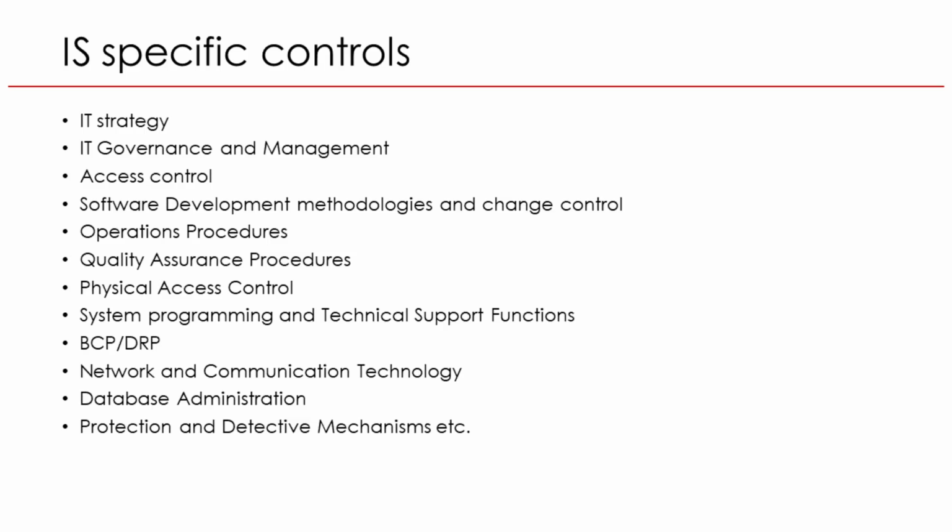Database administration safeguards stored information, like limiting access to HR data. Finally, protective and detective mechanisms, such as antivirus and monitoring systems, help identify and stop security threats early. Together, these controls ensure systems are secure, reliable, and aligned with business goals, reducing risks and improving overall efficiency.